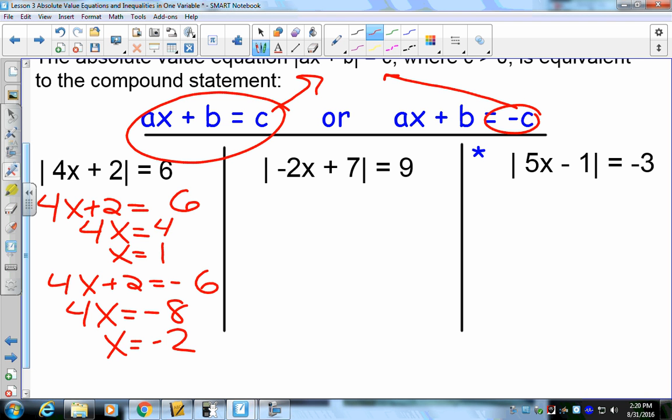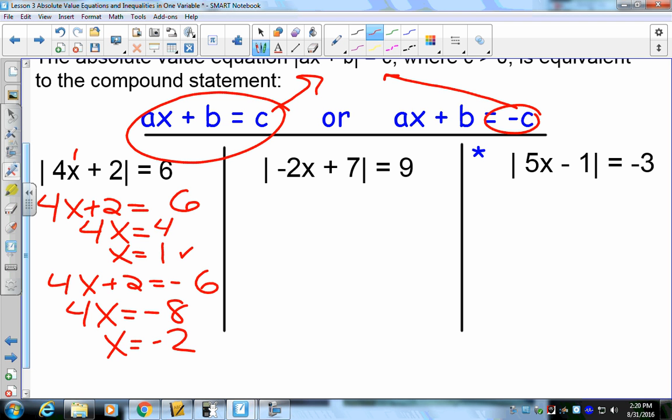Now it's important that we always plug our numbers back in and check them to see if they work, because no matter what, when you set up an equation and you solve it, you're going to get a value. You need to make sure it works for the problem. So we can do a quick mental check. If I plug 1 back in here, 4 times 1 is 4, plus 2 is 6, and the absolute value of 6 is 6, so that works.